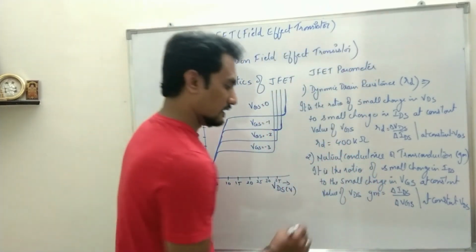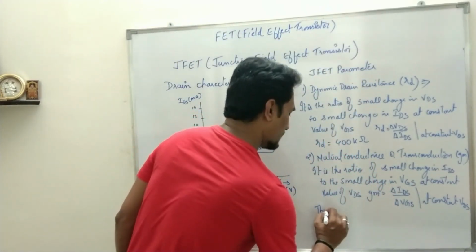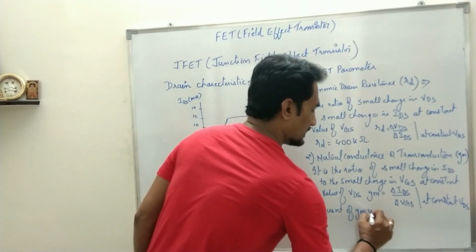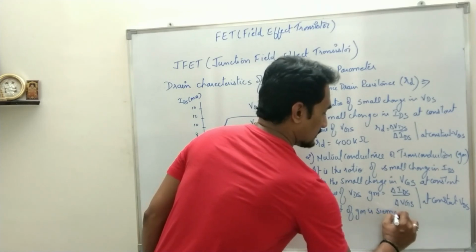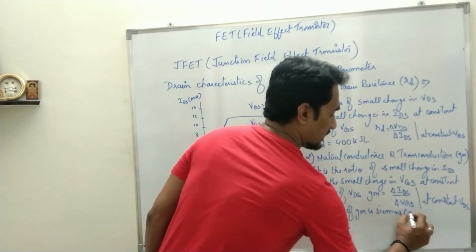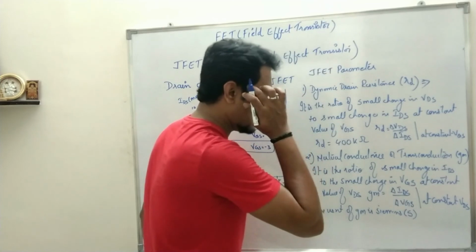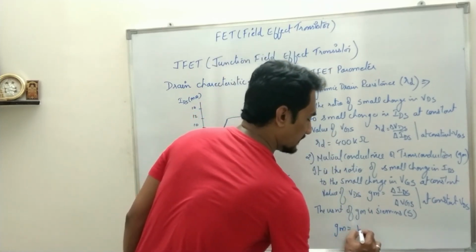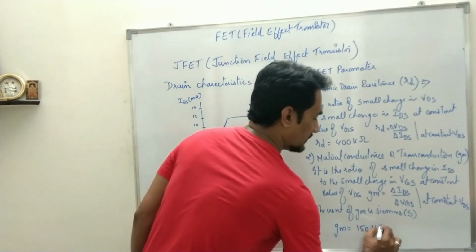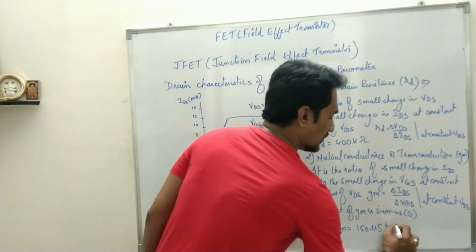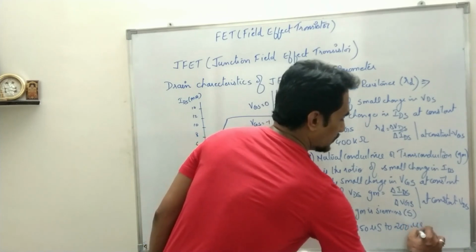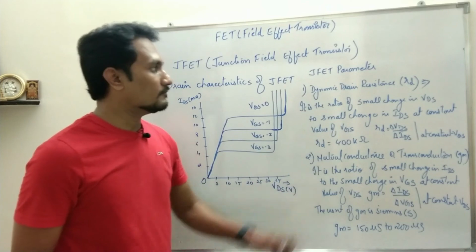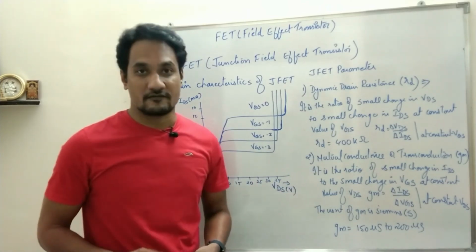The unit of GM is Siemens, specified by capital S, and typically GM for an N channel or a P channel JFET is between 150 micro S to 200 micro S. So these are the first two important parameters of JFET.